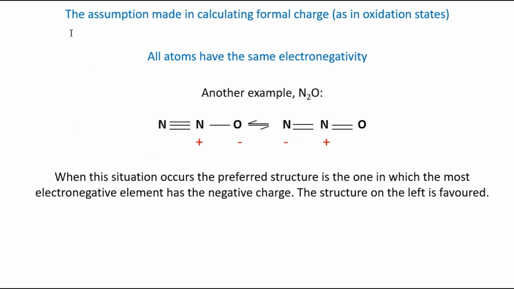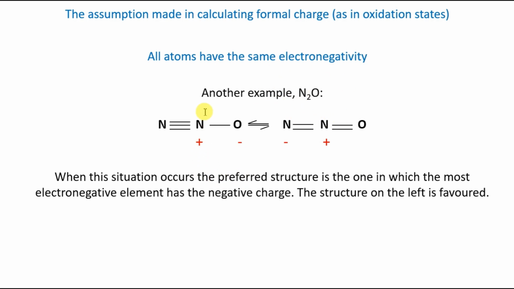In a very unusual situation, the assumption made in calculating formal charge, just the same as with oxidation states in redox, is that all atoms have the same electronegativity. Two structures could be drawn for N2O.